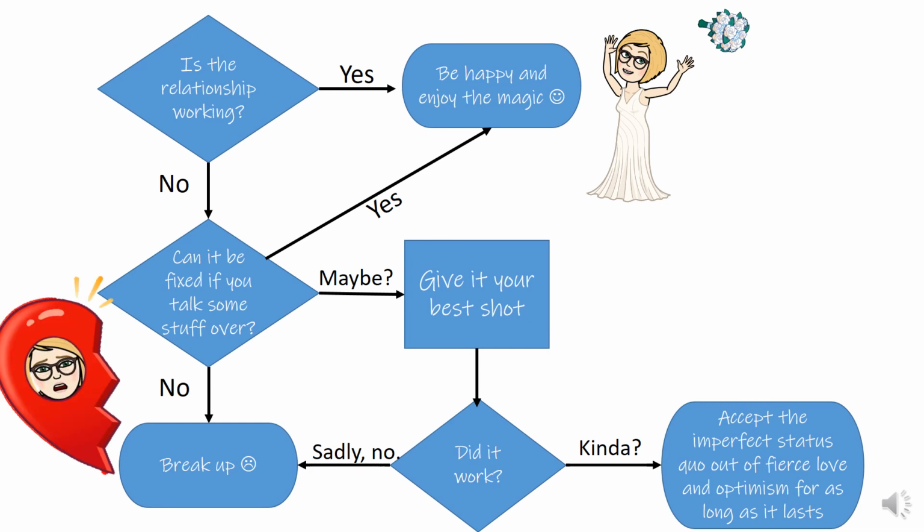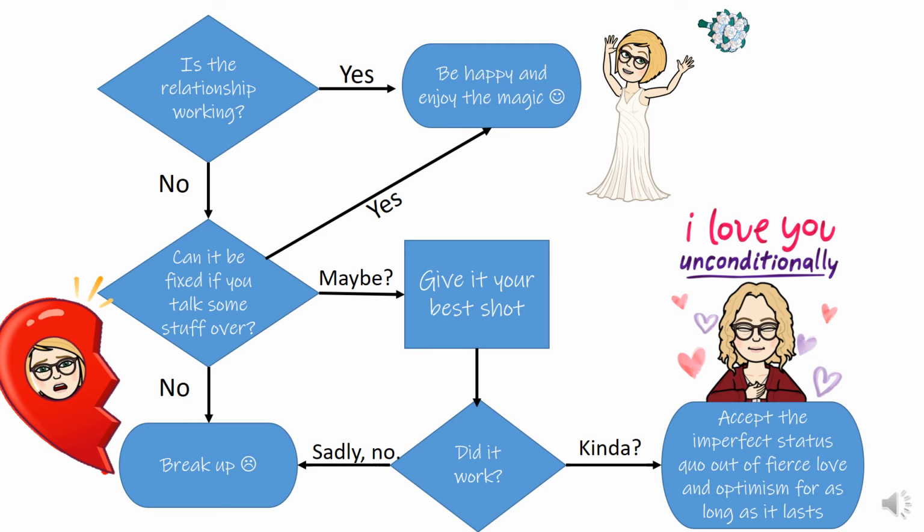But if the relationship can be fixed, you find yourself back at the first terminus. Be happy and enjoy the magic. If it might work and it might not work, then you make a process happen. Give it your best shot. If it doesn't work, you end up back at the second terminus. But if it kind of worked, you accept the imperfect status quo out of fierce love and optimism for as long as it lasts.